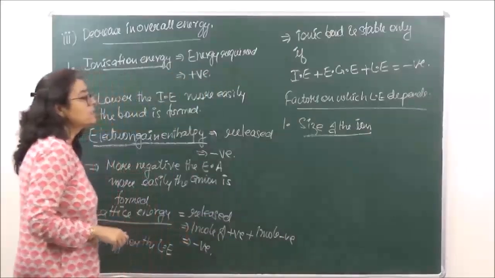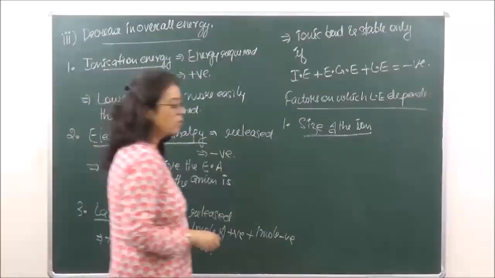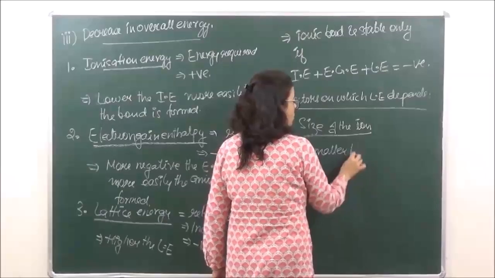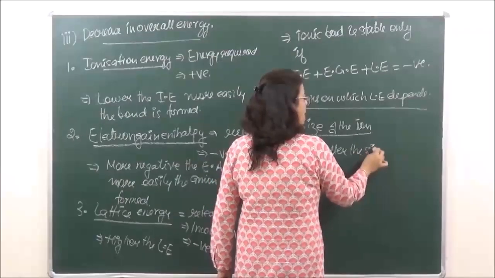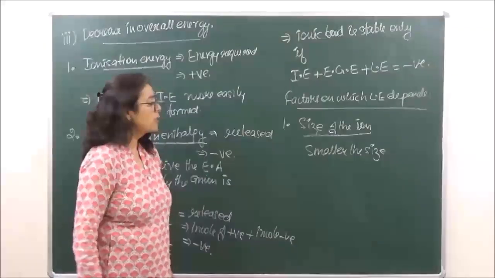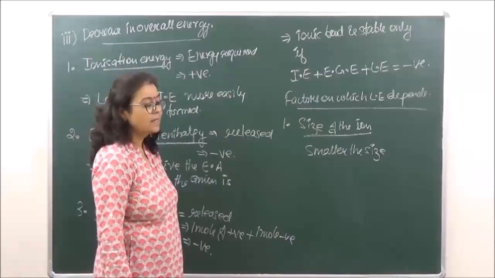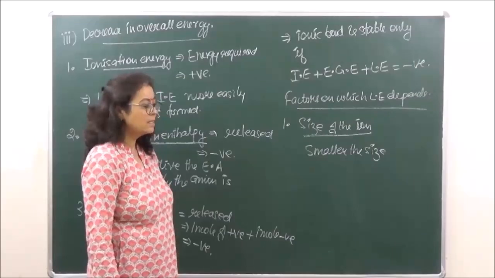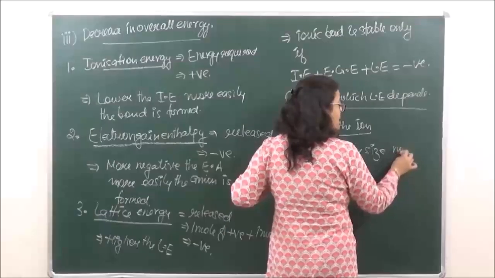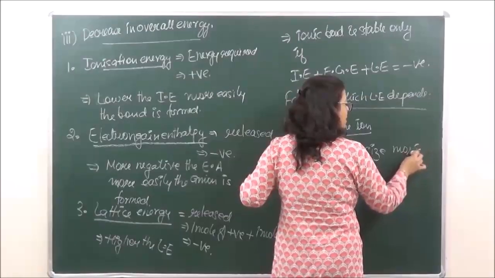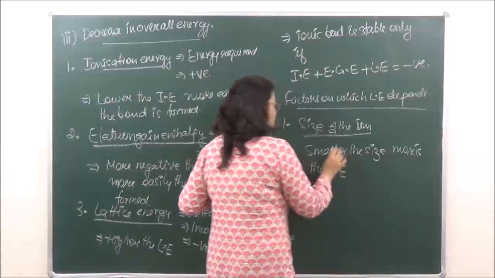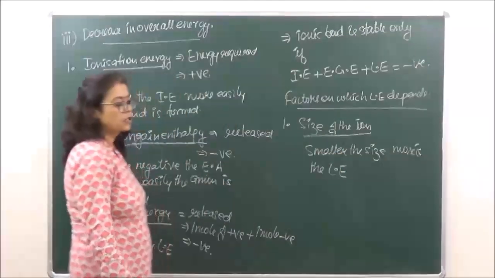We say the smaller the size, the more is going to be the attractive power, because the nucleus is going to attract the incoming atom more effectively. So the smaller the size, the greater is the lattice energy.